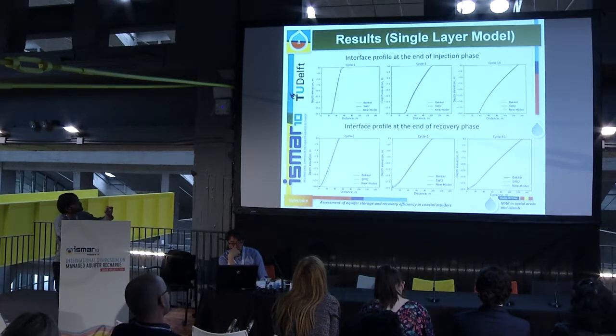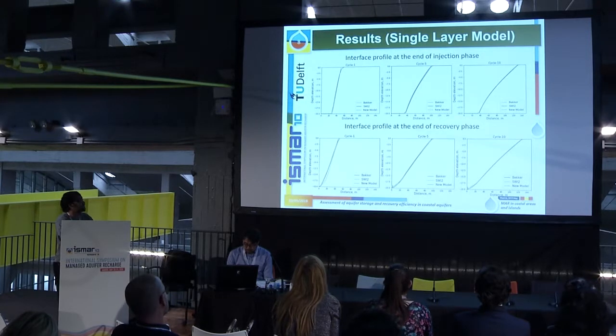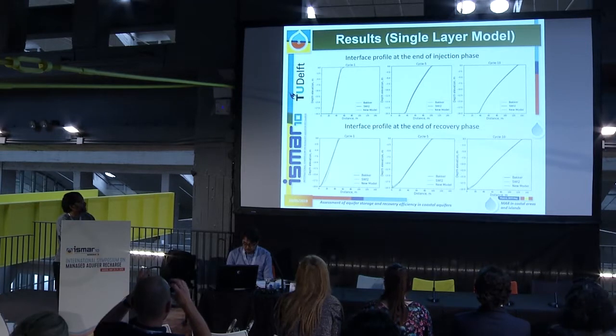Now you can see that as time goes on, more fresh water remains in the aquifer, and the interface starts to incline. This is due to the buoyancy effect. The fresh water is lighter, so it goes up in the aquifer, and this is the main reason the recovery efficiency is decreasing.